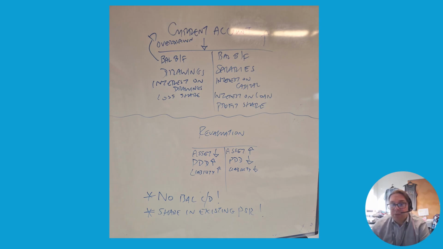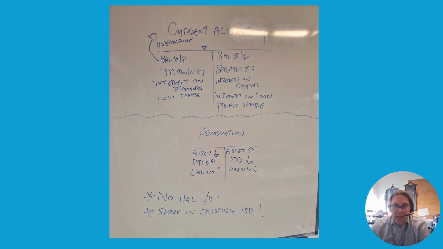It has to say that subsequently the asset going down would go on the reverse side to the asset going up, so that'll be on the debit, and the PDD going down would go on the credit of the revaluation. Finally, you could have a liability such as trade payables, and that would go up and down on the same side as the provision for doubtful debts. So an increase in liabilities would go up on the debit and go down on the credit.